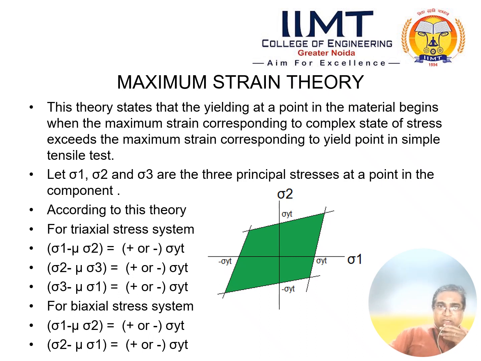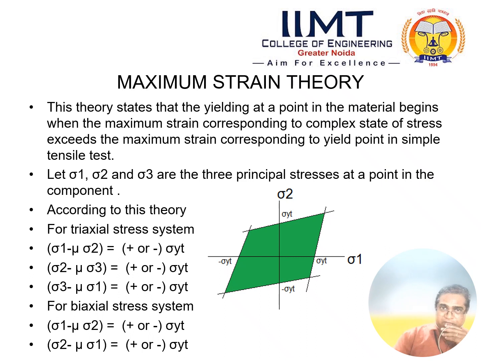That means we first select the material, make the standard specimen, perform the test on the UTM machine and find the results. At the time of failure of that standard specimen, we find the value of maximum strain.